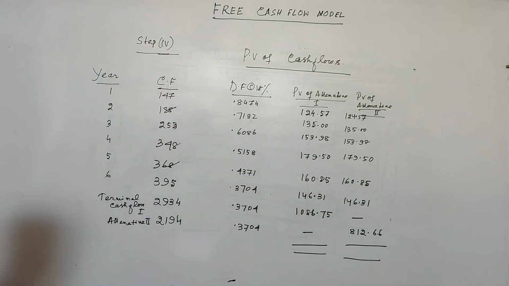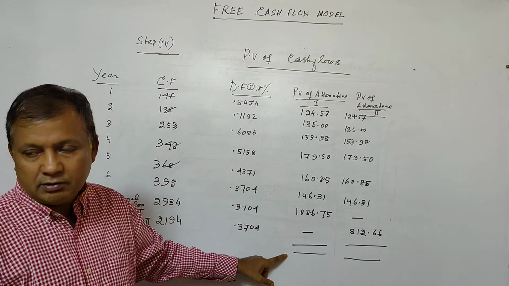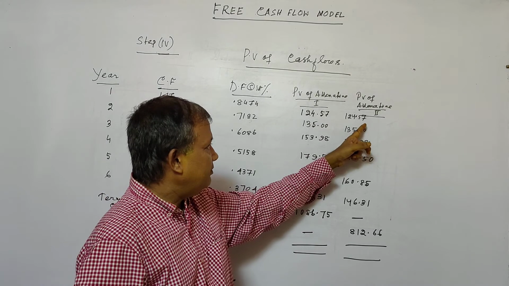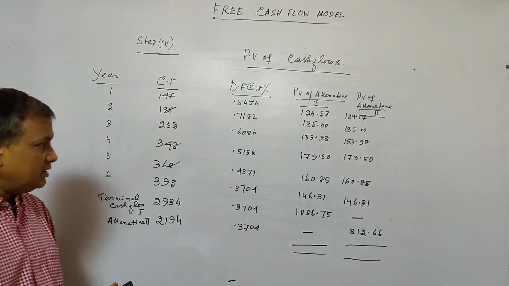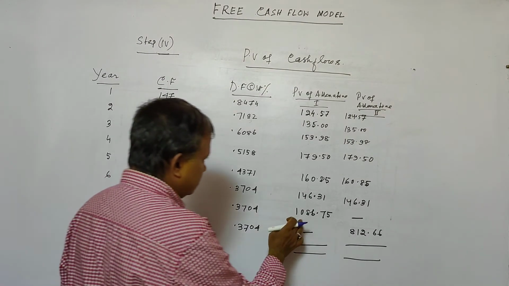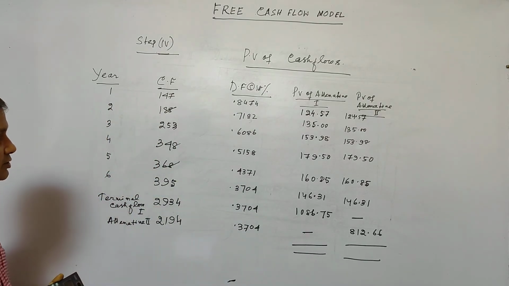So these are the present value of cash flow for alternative 1, considering 4% growth, and here the present value of cash flow for alternative 2, considering no growth rate. Here only there is a change.